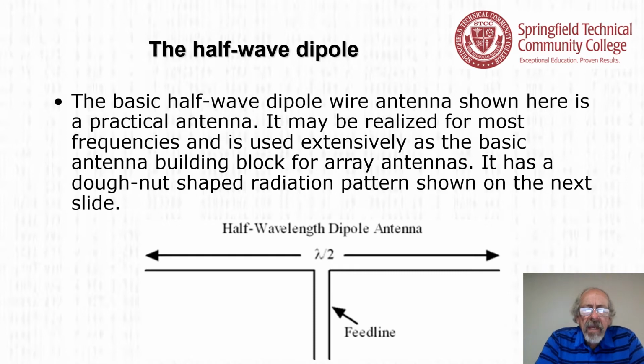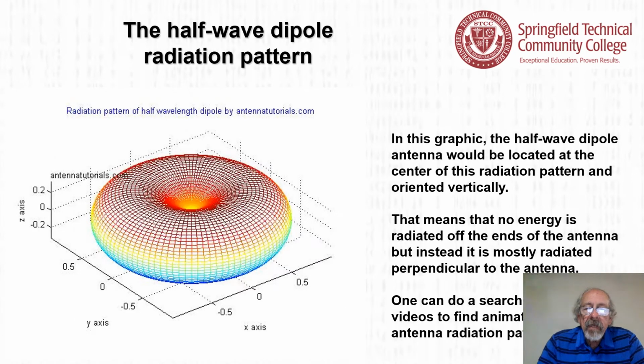So the basic half-wave dipole wire antenna shown here is a practical antenna. It may be realized for most frequencies and is used extensively as a basic antenna building block for array antennas. It has a donut-shaped radiation pattern, which I'll show you on the next slide. Notice the feed line goes to the two elements that make up the half wavelength portion of the antenna.